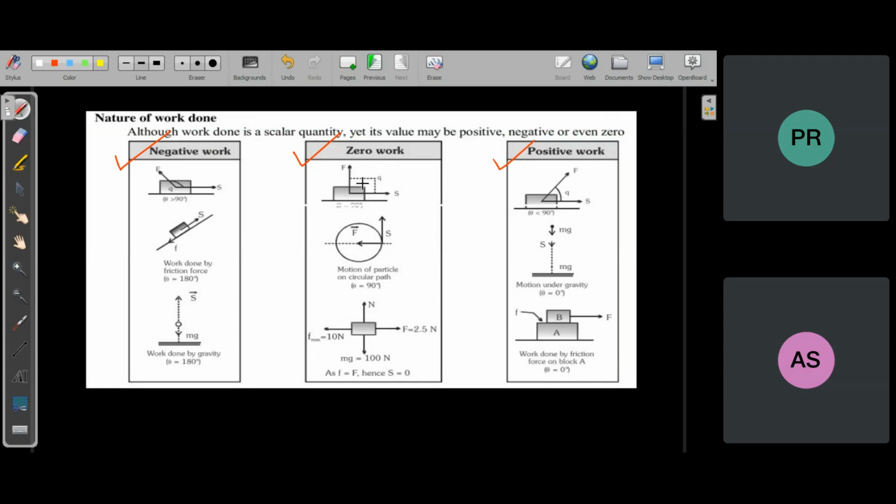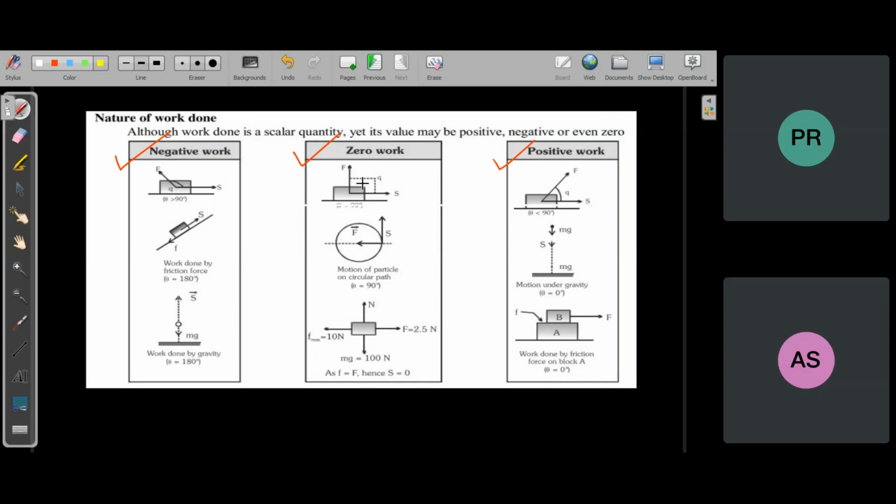For example, if you have to pay me money, for me it is positive, for you it is negative. Means the person who is doing work is losing energy, because he transferred that energy to some other body. If he is doing positive work, he is transferring energy, giving his energy to another body.